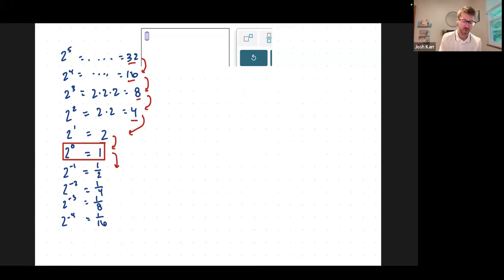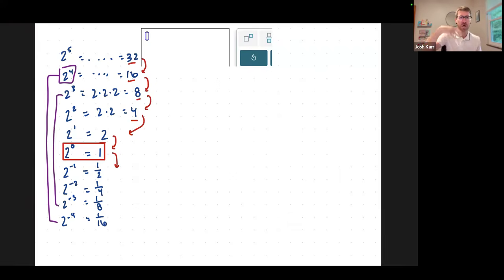Okay. So some of you may have noticed, if I specifically look at 2 to the 4th power, 2 to the 4th power is 16. 2 to the negative 4th power is 1/16. 2 to the 3rd is an 8. 2 to the negative 3rd is 1/8.